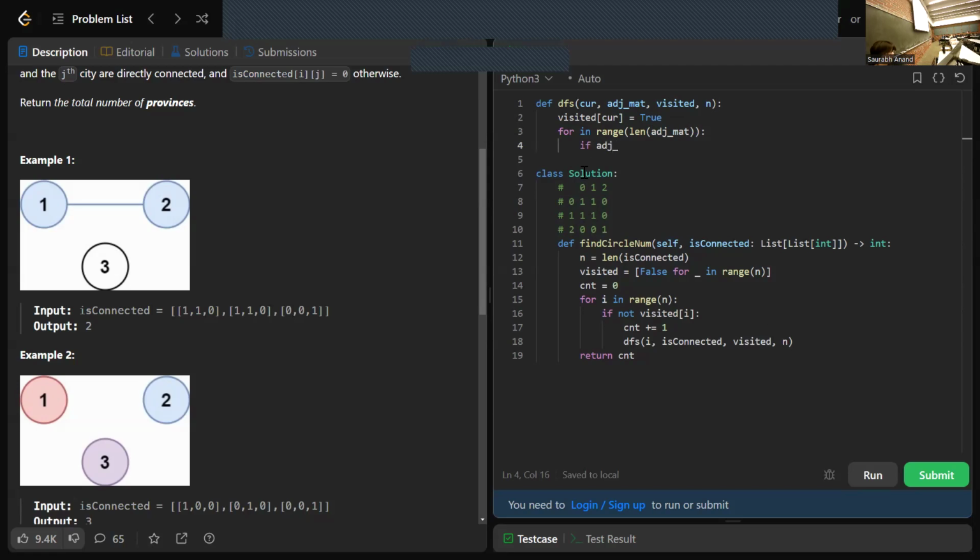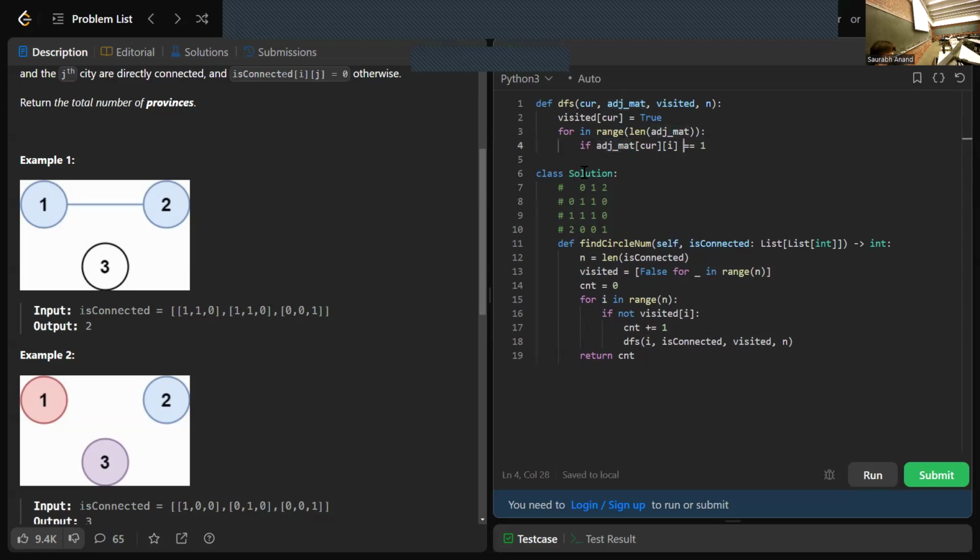So that means we'll be calling the DFS function from inside DFS. So we need to loop over everything in the adjacency matrix, or really this is n, but I guess I'll leave it as length. And we say if the adjacency matrix, so there needs to be an edge there. We need to check to make sure that there's an edge there. So if the adjacency matrix at I, remember that the rows and columns represent the two nodes that we're trying to check if they're adjacent or not. So if it's equal to 1, that means they're adjacent.